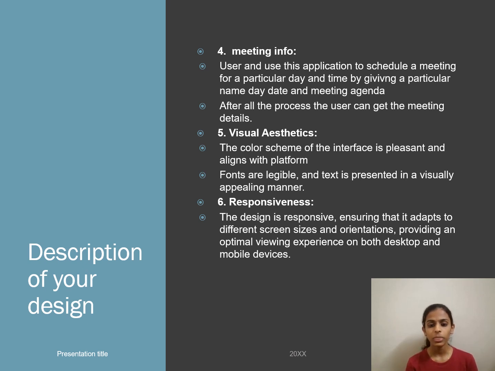It comes out really beautiful when you follow all these steps, so that you can create a better and more efficient user interface design, which can be more useful and user friendly to the users, whoever is trying to use the app. So this was the description of my design.